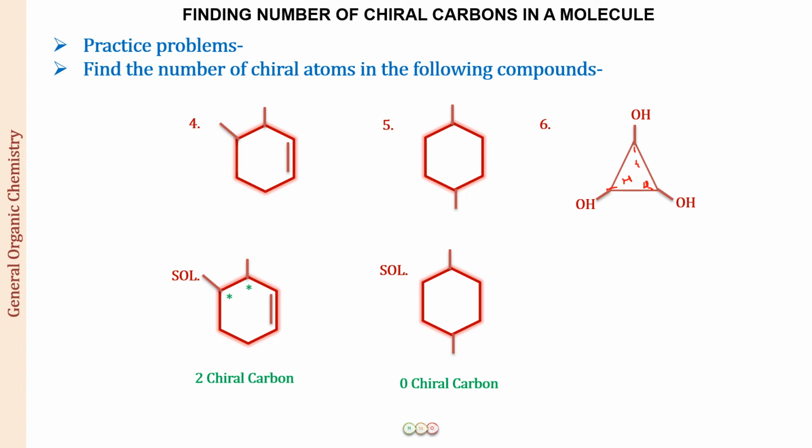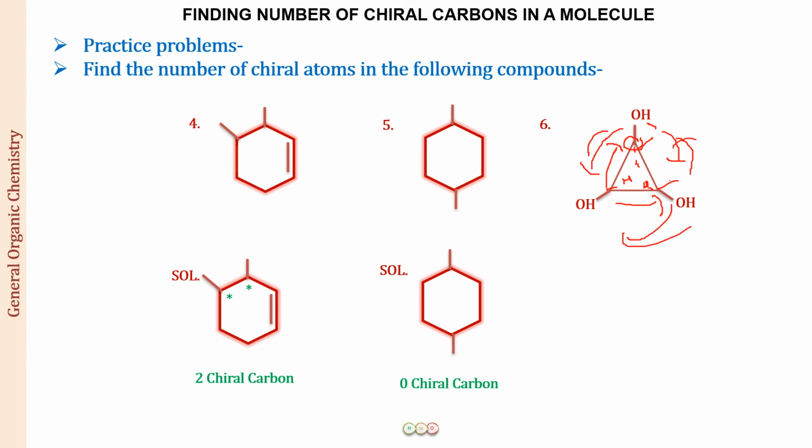The rest you have to move again. For example, when you move from this carbon this way and this way, you are encountering a carbon with an OH, a carbon with an OH. So this is going to be the same movement for all of them. If you move for this carbon, you will be encountering an OH, an OH. So again similar. For this one also, you are going to move this way and this way.